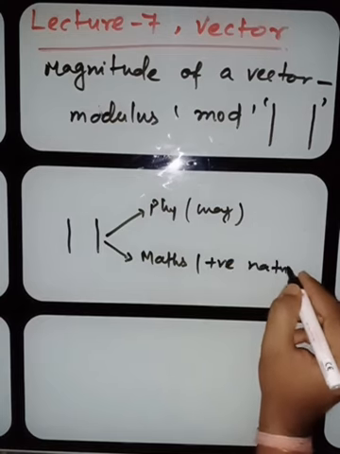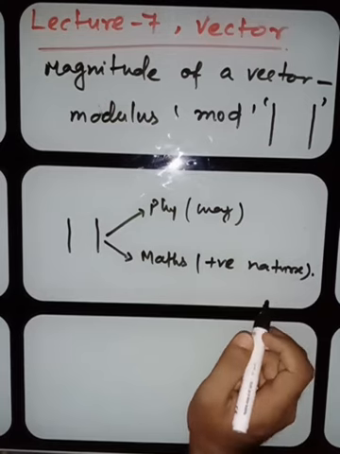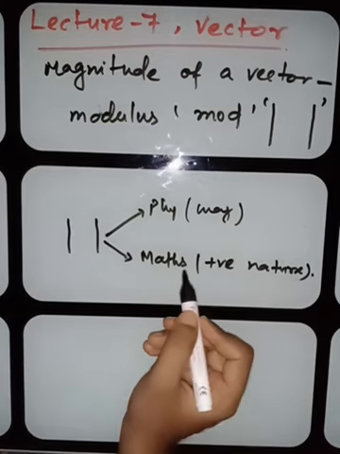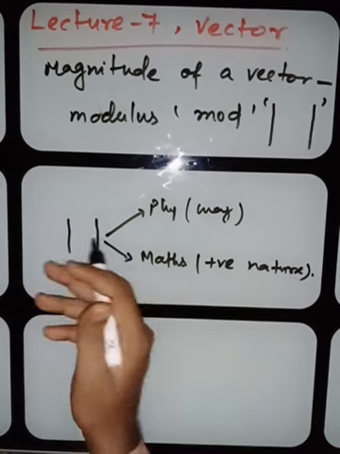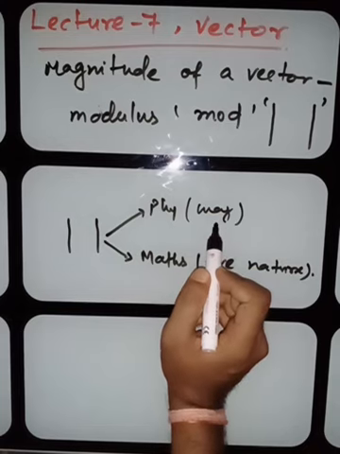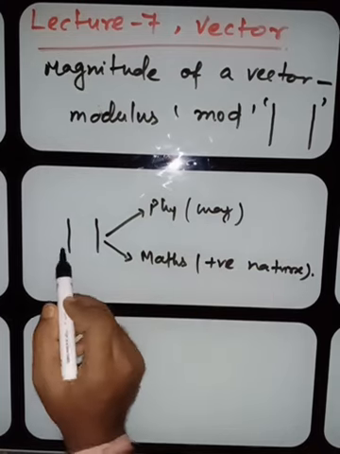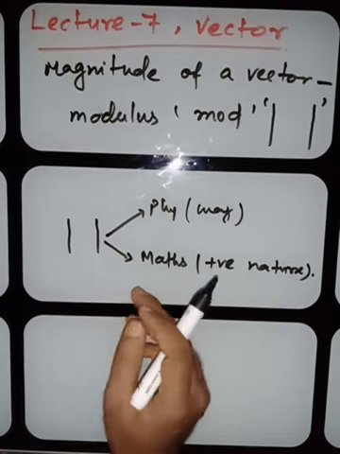Remember. If any quantity we put inside this modulus, then in physics the output will be the magnitude. And in mathematics, if you put any quantity with a plus or minus here, the output will be only plus.